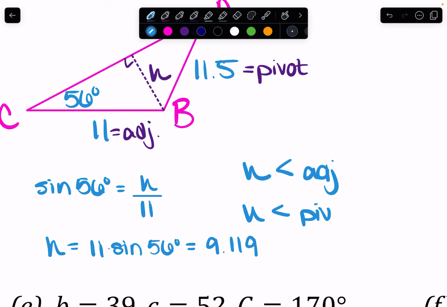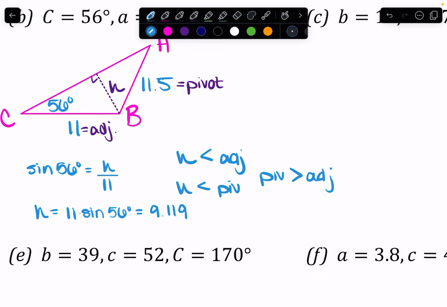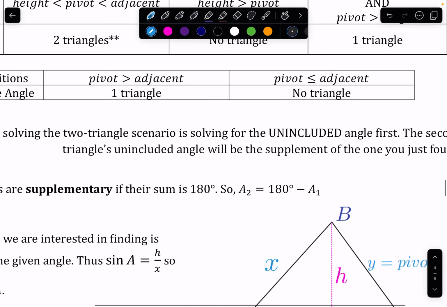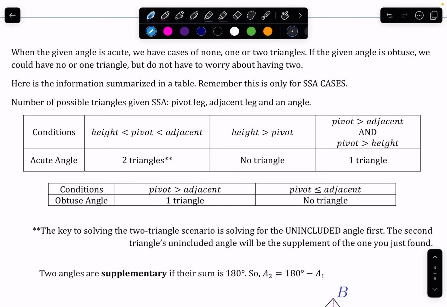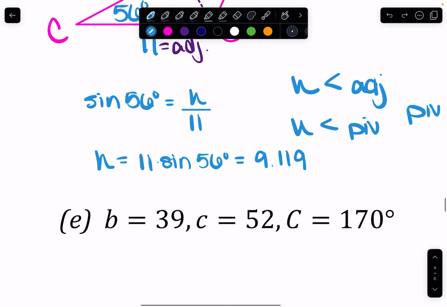Because the height is less than that, and then we have our pivot, which is greater than the adjacent, we're going to have one triangle. If you go to your table back up at the top, this is not the obtuse case, this is the acute. So our pivot is greater than the adjacent and the pivot is greater than the height. That means we have one triangle.